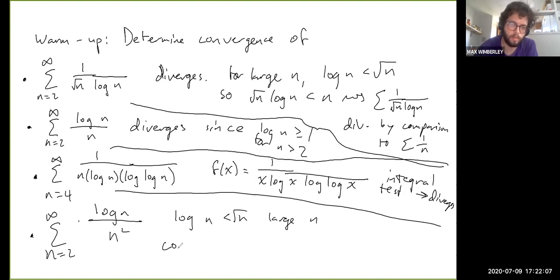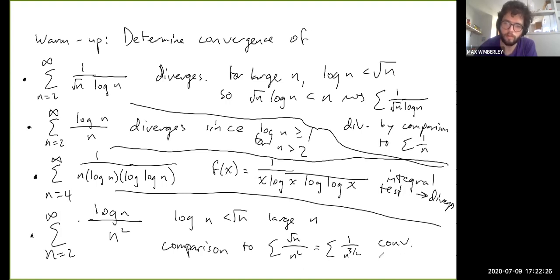So we have the comparison to the series of square root of n over n squared, which is 1 over n to the 3/2, and this converges. So the original series converges too.